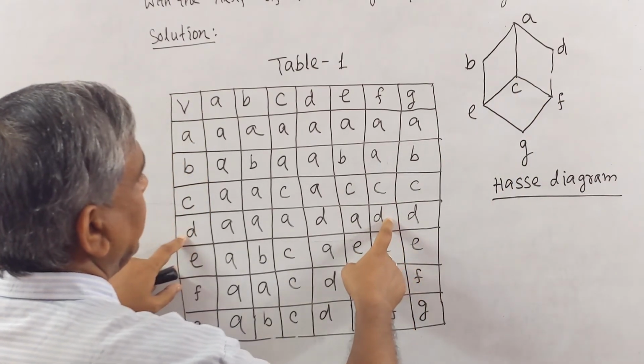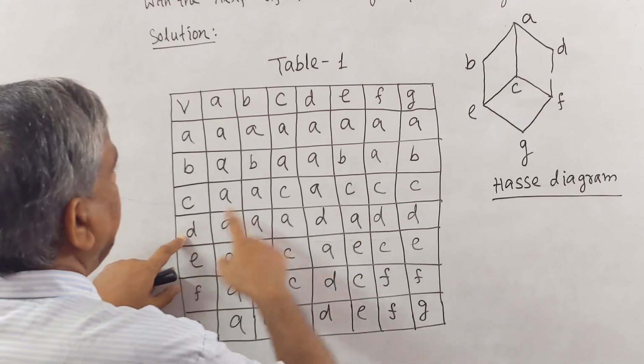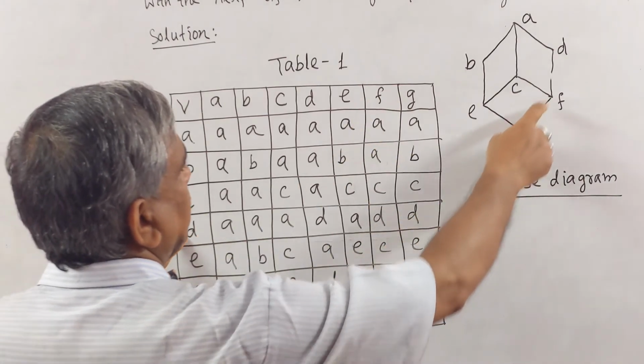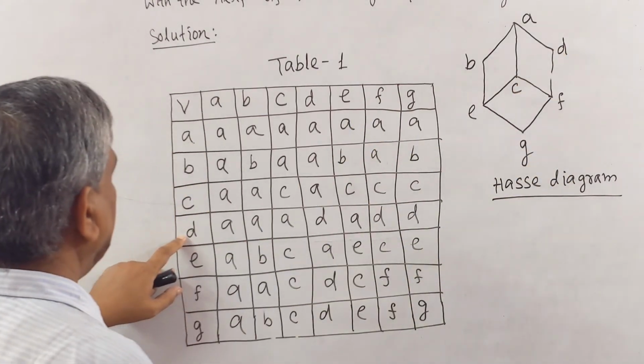So here will be D. D and G will be D. G is in the lowest level.